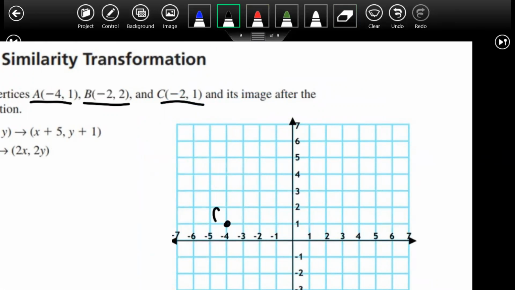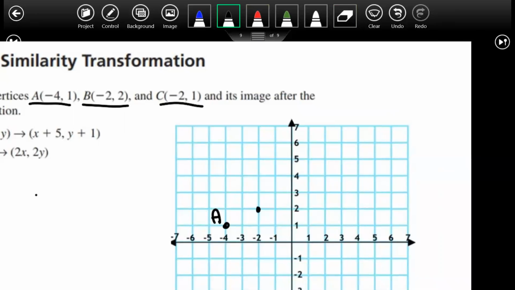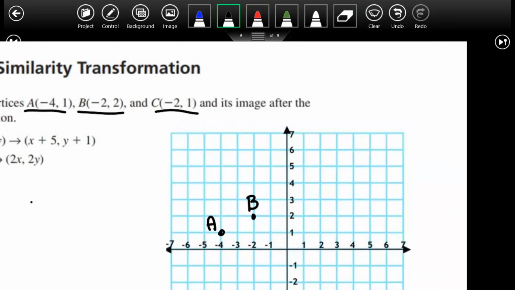This is A. I'm going to go back 2, up 2. This is B. And then my C is going to go back 2, up 1. Tiny little triangle.